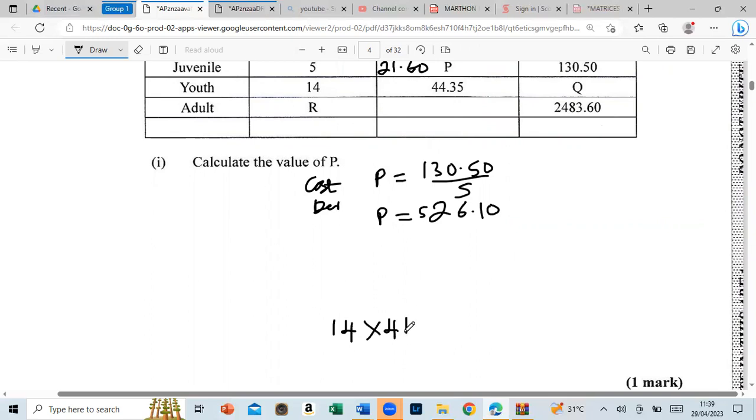Consumer arithmetic is one of the more realistic topics that people can relate to. I won't waste time punching the calculator because I have a class. That gives me 620 and 90 cents, so I'm going to put $620.90 in the table.